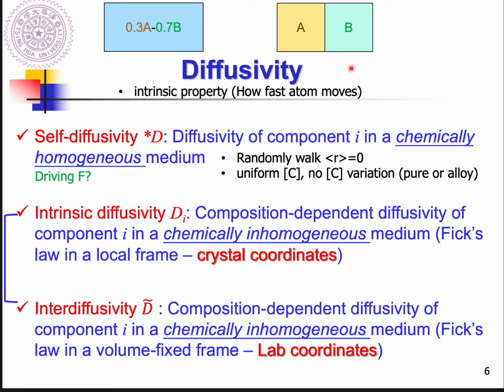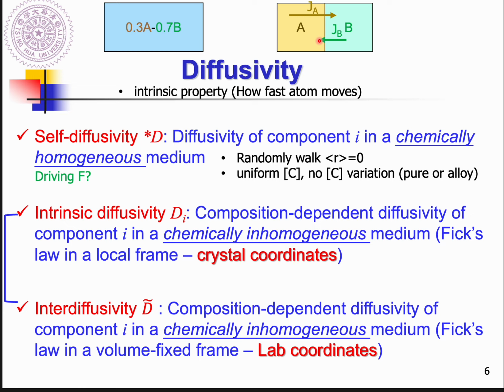Let's take this AB diffusion couple as an example. If you heat these materials up and allow interdiffusion to happen, then we assume the flux JA is larger than JB, which means more A moves to the right-hand side compared to B moving to the left-hand side, right?